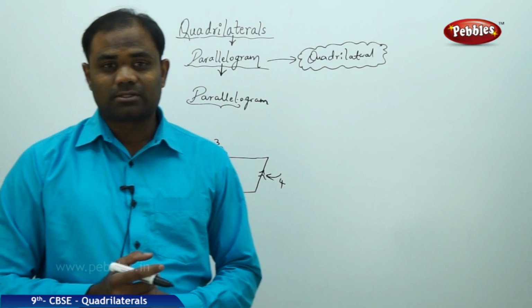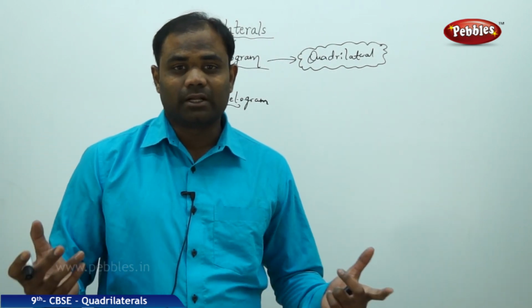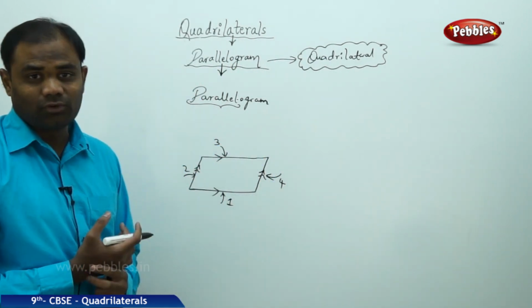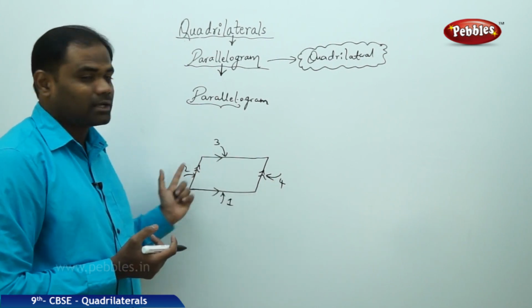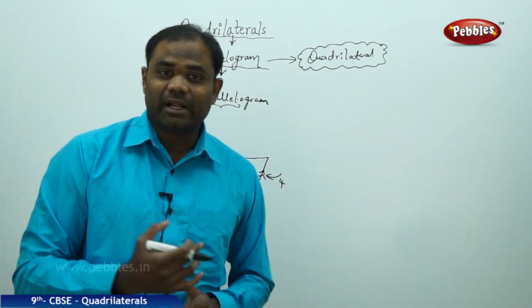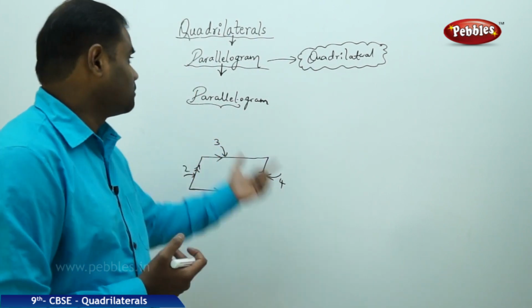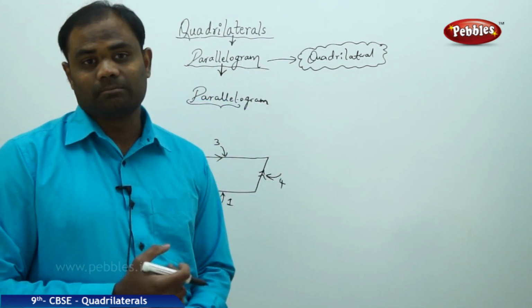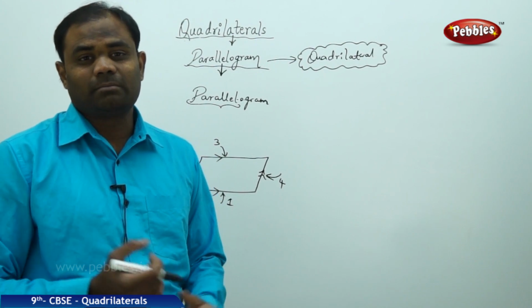Both pairs are parallel, and thus such a figure formed with pairs of parallel lines forming a closed region is called a quadrilateral, given the special name parallelogram.